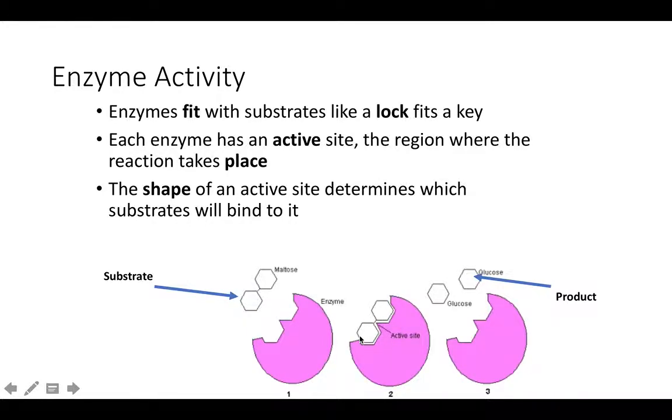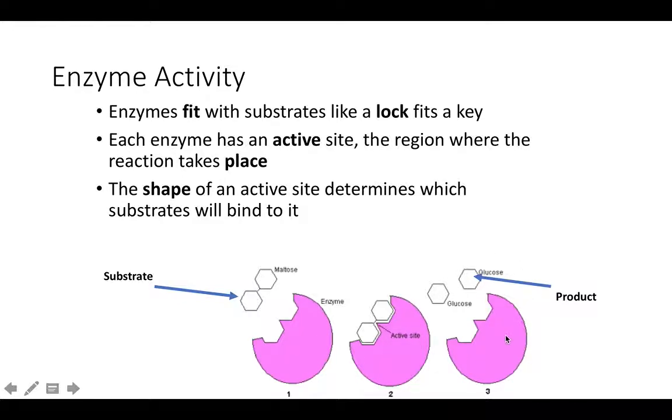So once it's bound, the enzyme is going to help to break these bonds between these two glucose monomers, and then the product is going to be released. In this case, two glucose monomers are off to go and do their thing.